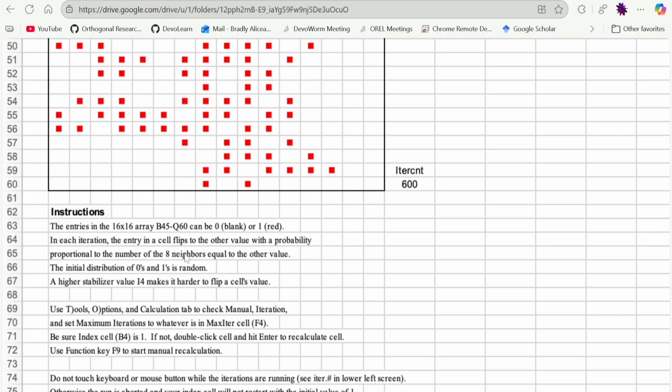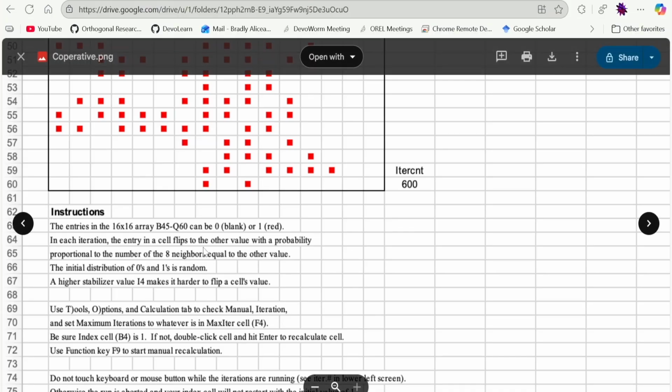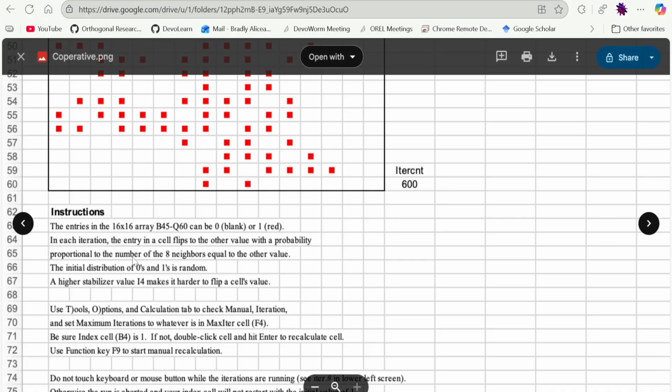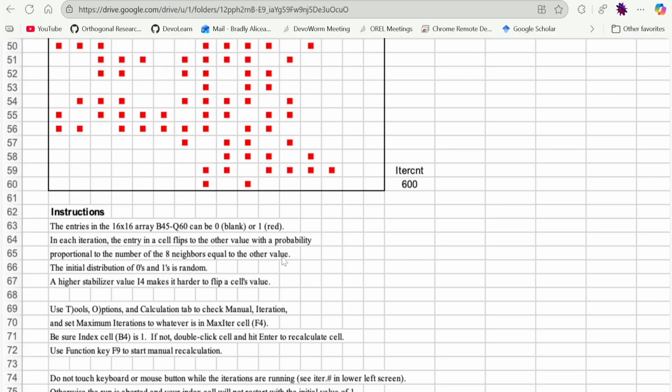So what we're going to do is we're going to start with our 16 by 16 array. We're going to have multiple initial starting points. We're going to flip the entries in a cell to some other value with a probability proportional to the number of the 8 neighbors equal to the other value. So when we have a majority of cells that are blank, that central cell will then become blank.